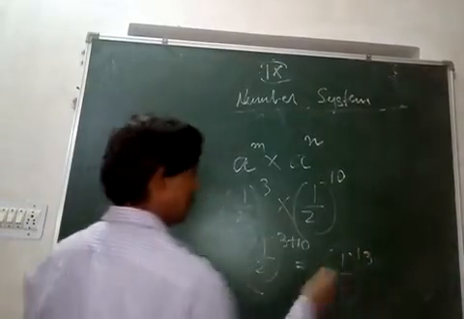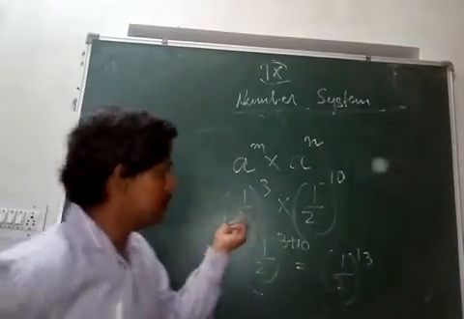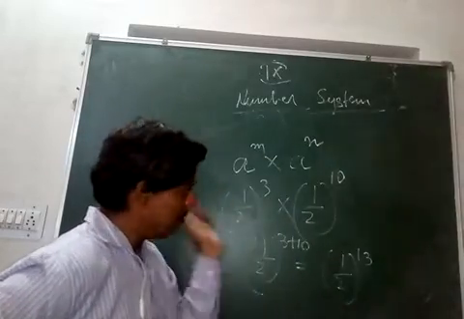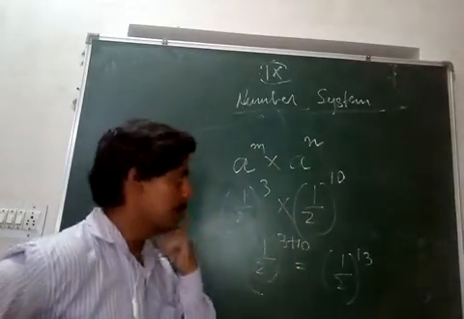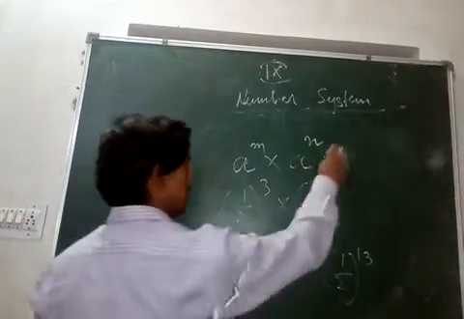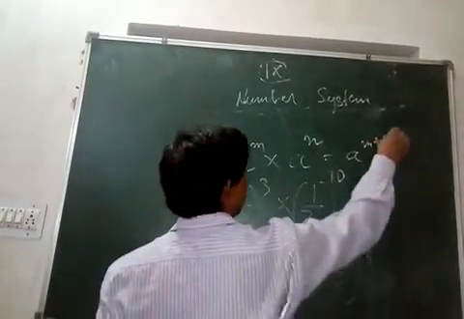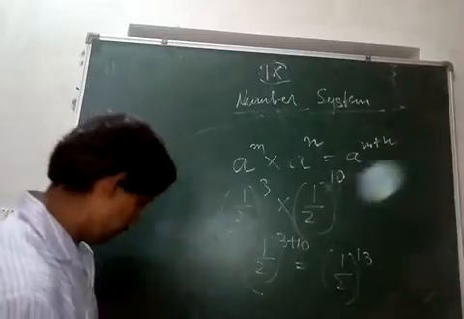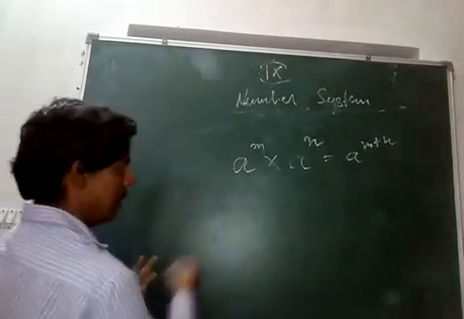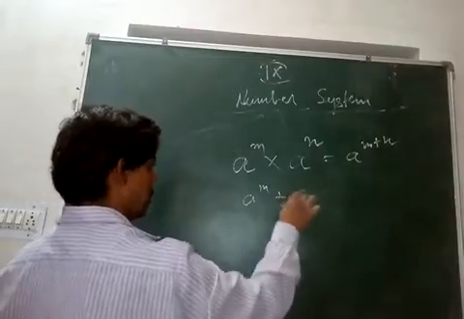Yes or no? Because this is half multiplied 3 times and this is half multiplied 10 times. So in all, half is multiplied how many times? 13 times. So we are adding the exponent. So this can be written as a to the power m plus n, right? First law. Similarly, you can have another one, division, a to the power m divided by a to the power n.